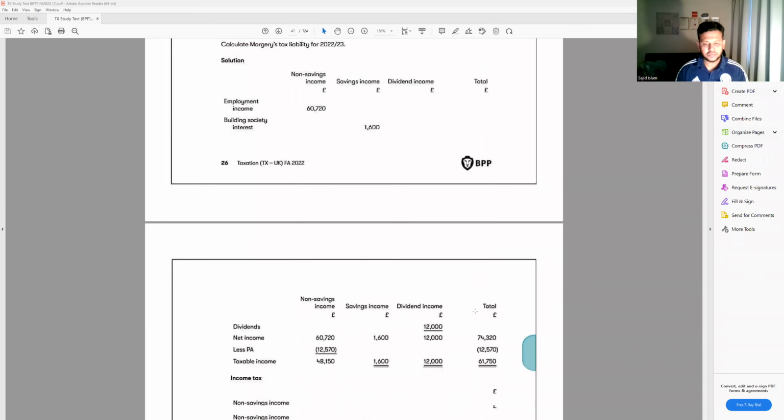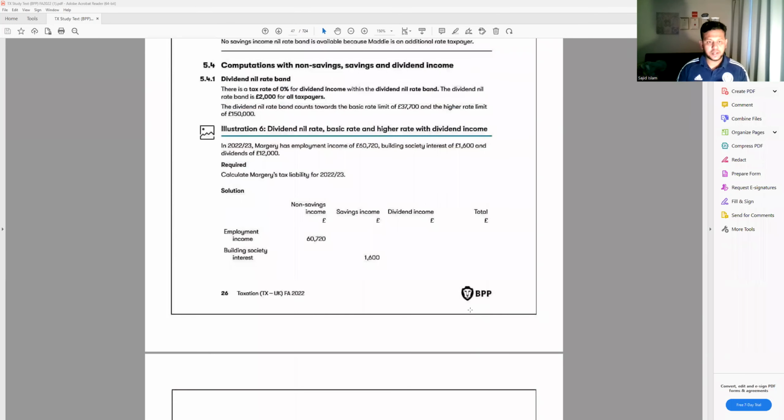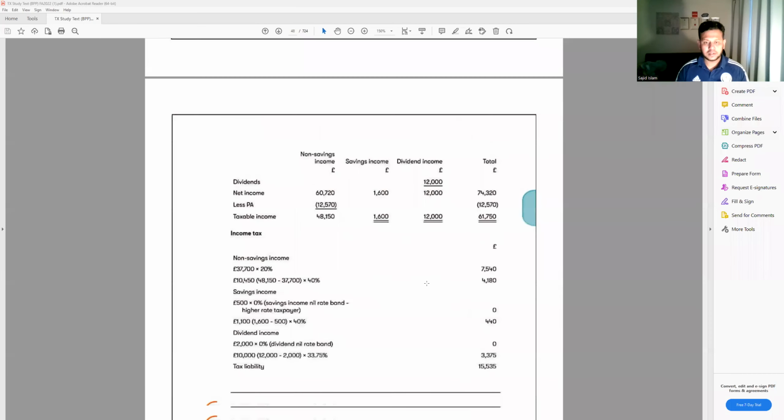We can look at one question for the dividend. All right, here it says 2022-23, M has employment income 60,720, building society interest 16, that is savings, so this is non-saving, savings, and the dividend 12,000. So we make the template: non-saving 60,720, we have savings, and we put the dividend in the dividend column, that is 12,000.